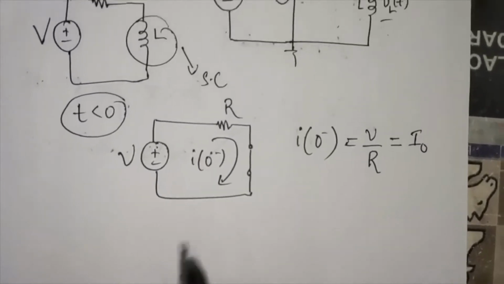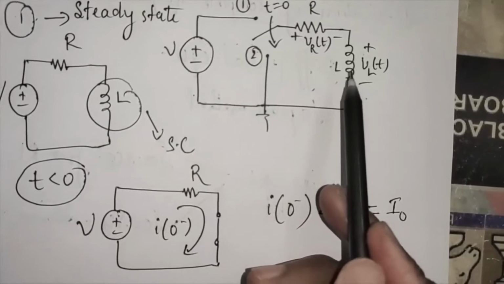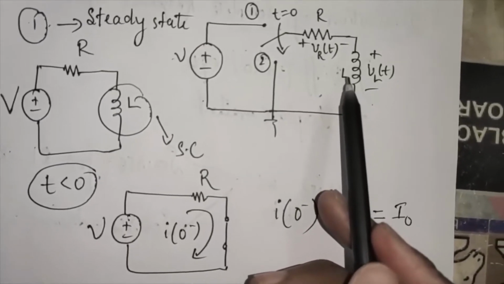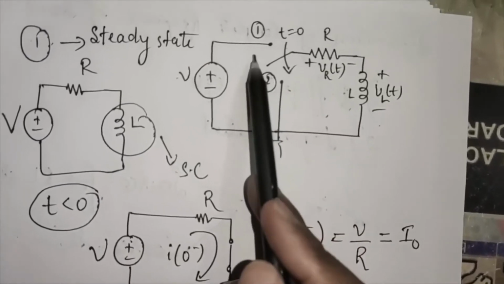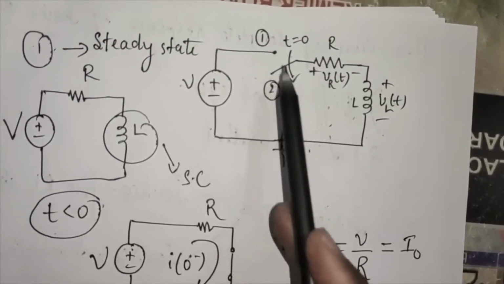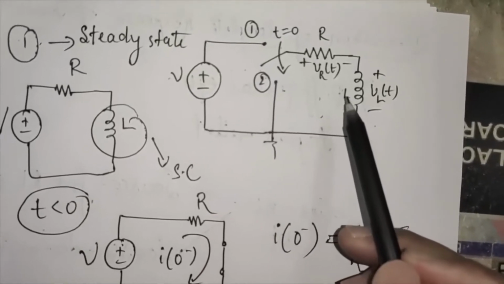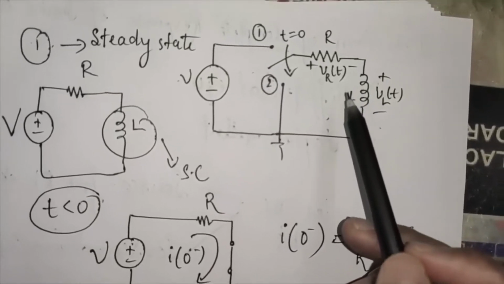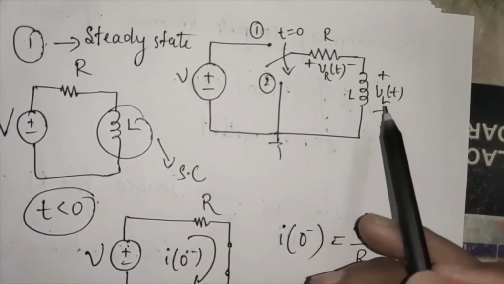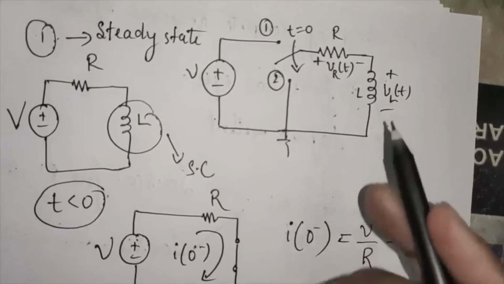We already know that the inductor property is to not allow any sudden changes in current. So when we move the switch from position 1 to position 2, the values of current as well as voltages may change instantaneously, but due to the behavior of the inductor the current flowing in the circuit will not change.